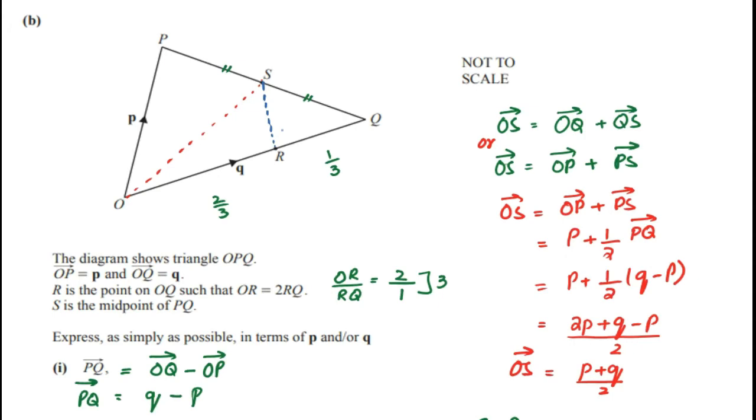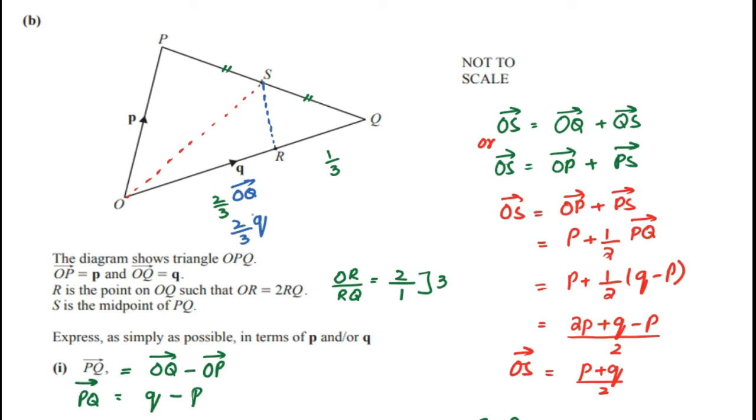It's up to you whatever triangle you want to take. Okay, here we have OR. OR will be equal to 2 upon 3 of OQ. Okay, and it is 2 upon 3 of Q, because OQ is equal to Q. We have just got OS, and OR is equal to 2 upon 3 of Q.